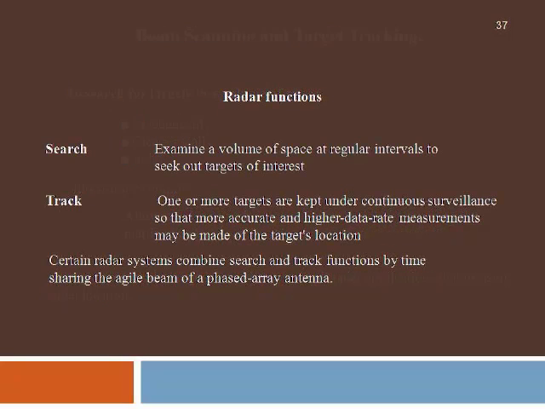So the radar functions can be classified into two varieties. One is search, wherein a volume of space is examined at regular intervals to seek out targets of interest. Whereas in tracking, one or more targets are identified already.